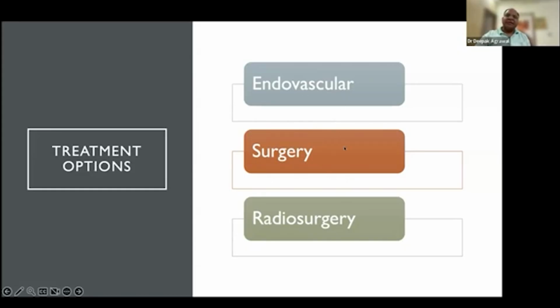So radiosurgery has picked up. Surgery has always remained behind because most of these lesions are near the transverse sigmoid junction. There is a lot of neovascularization. It's a difficult surgery, and surgeons tend to refer for endovascular or radiosurgery.